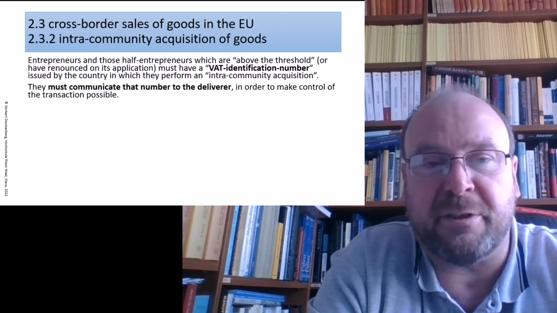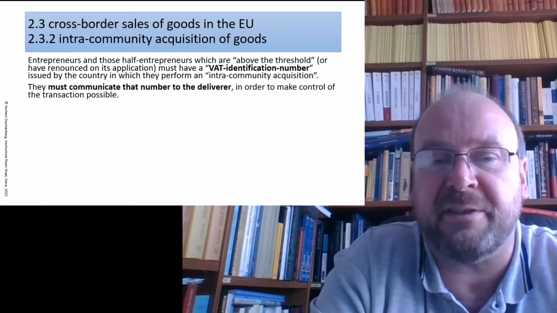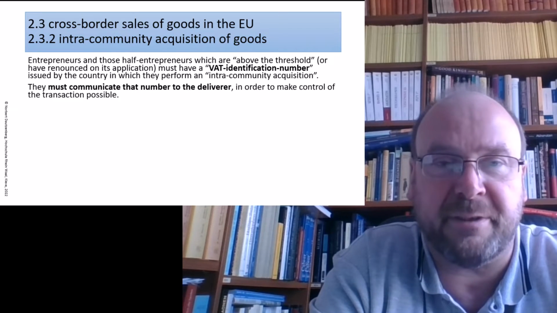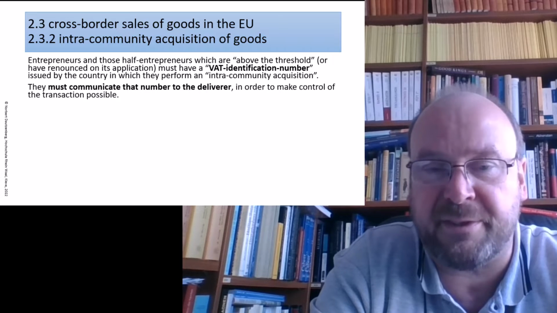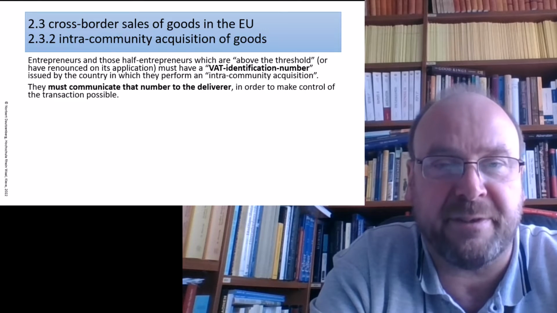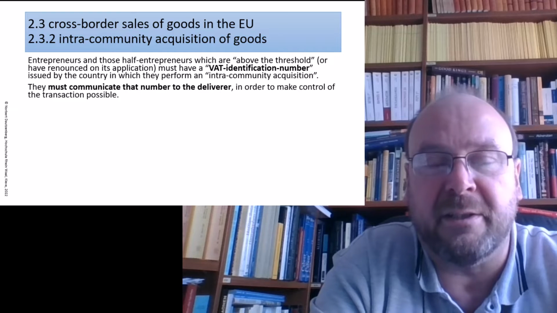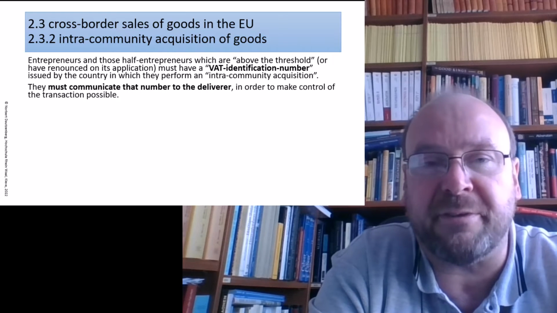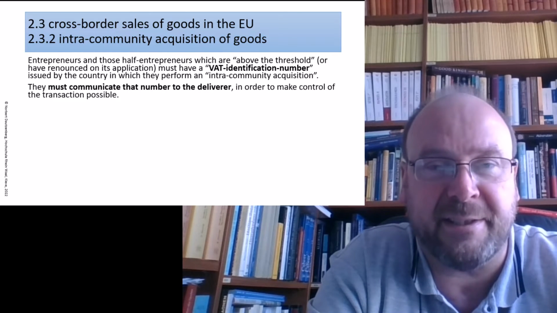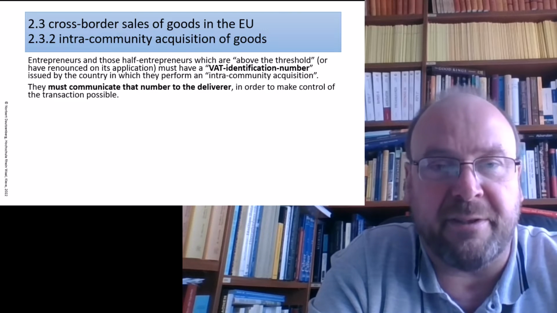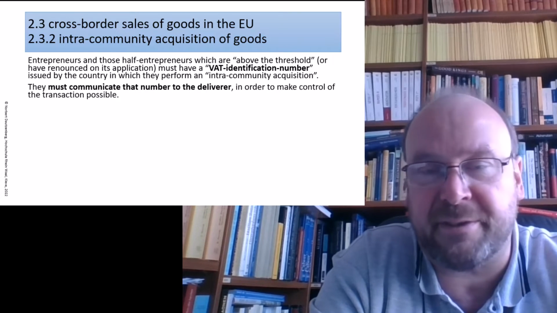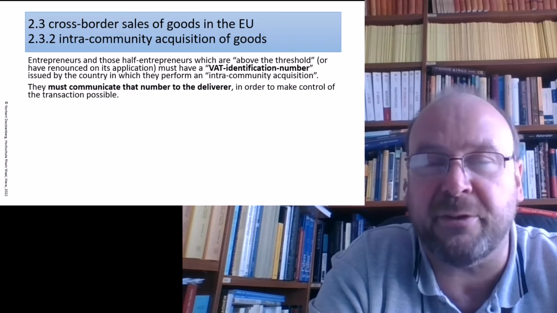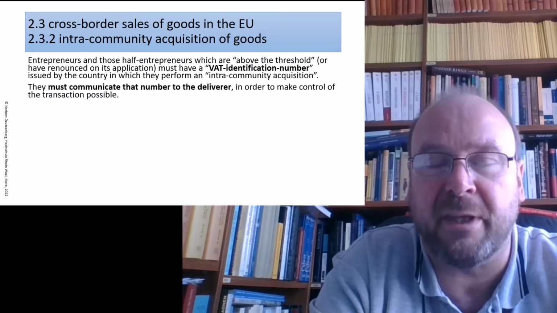If you have an intra-community acquisition, you must communicate your VAT identification number to the deliverer so that the fiscal authorities can make a check or control of the transaction possible. The idea is the deliverer in the other country can deliver free of tax to you because there is certainty that you pay the tax in your country.